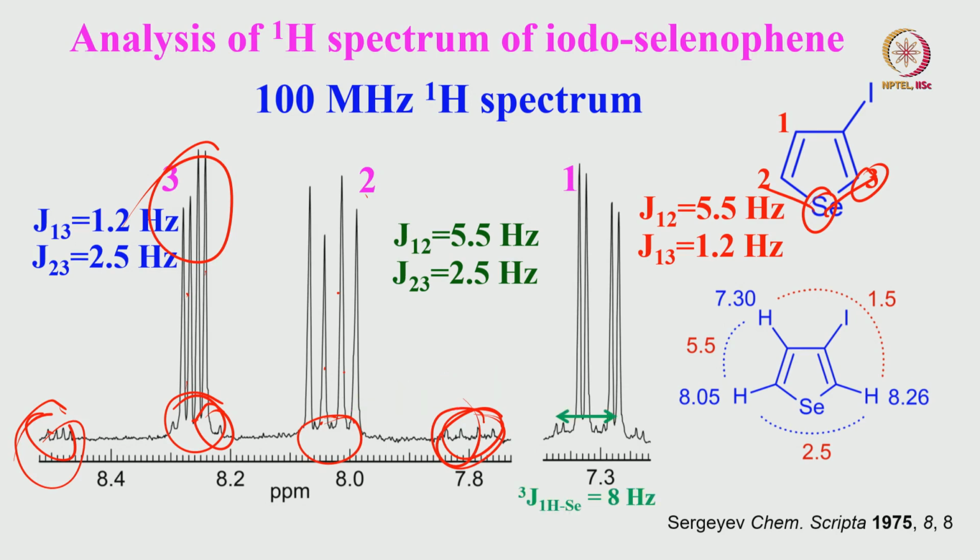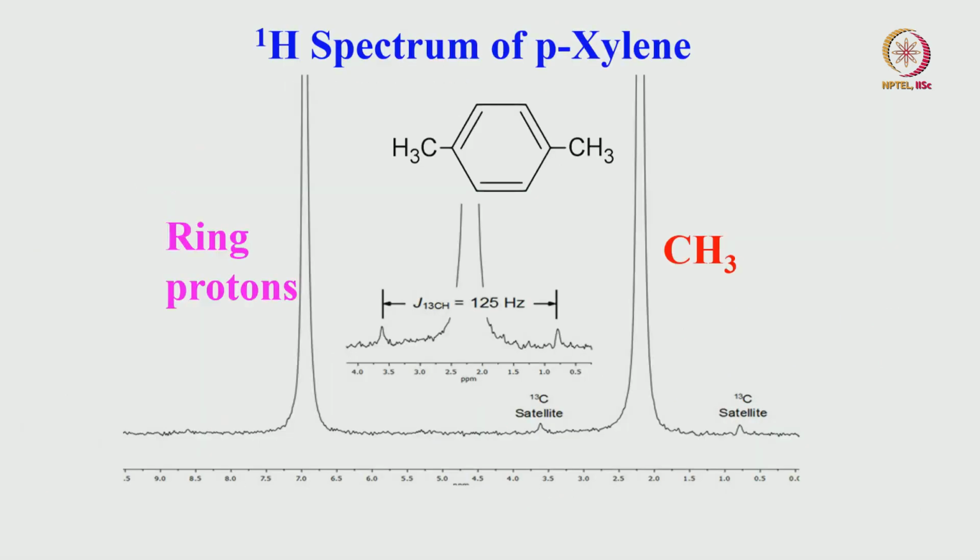Go to this proton 1, this also has a long range, 3 bond selenium proton coupling, and you can see that it is separated and it is about 8 hertz. You see one satellite for this one, and for this also you have 2 peaks on either side. Exactly similar pattern of the main peak you see on the other side as small peaks, they are called satellites. So from these satellites I can get the selenium proton couplings in this molecule very easily.